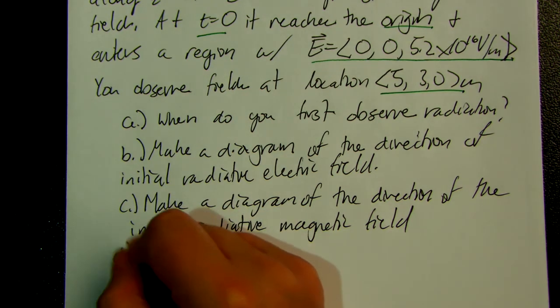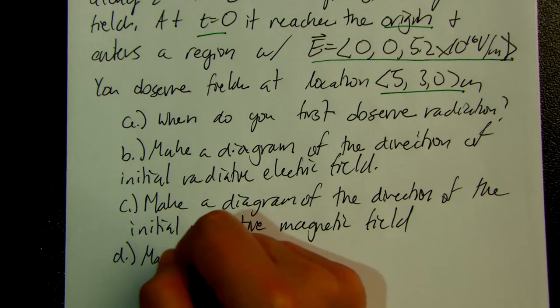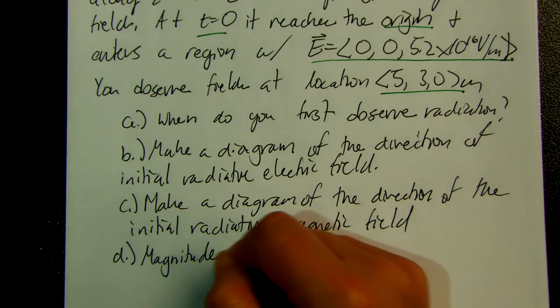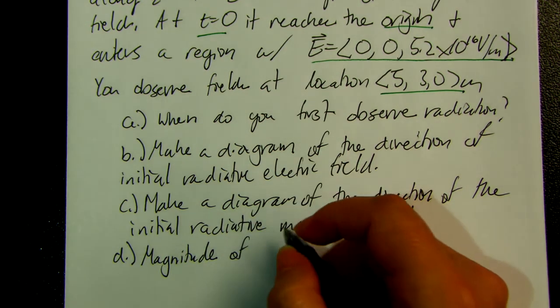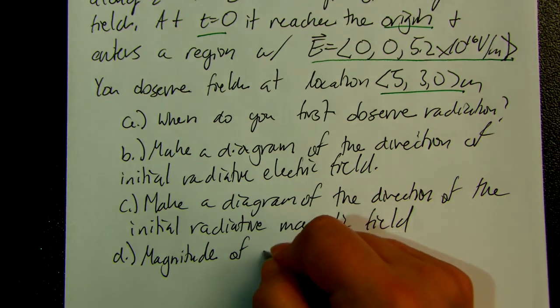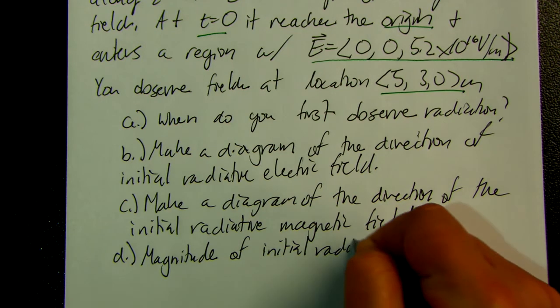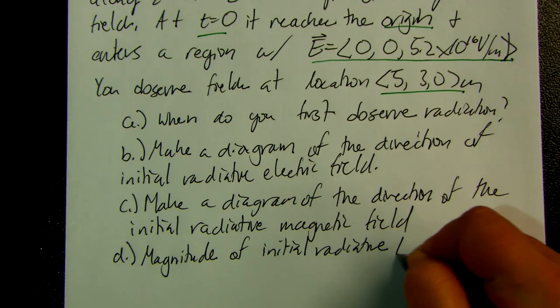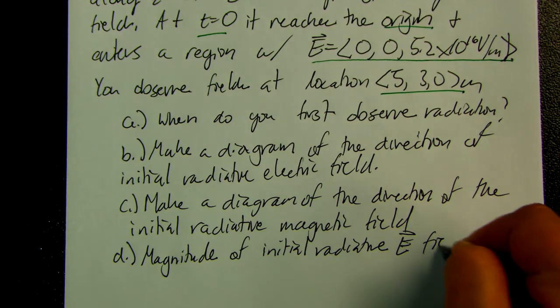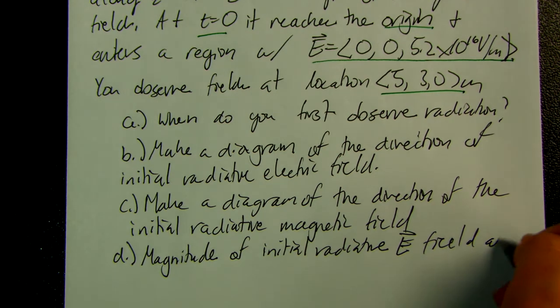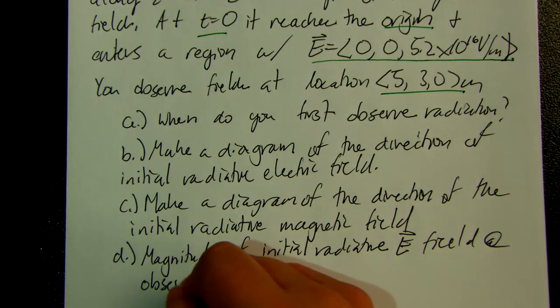Then we want to look at the magnitude of the initial radiative E field at observer location.